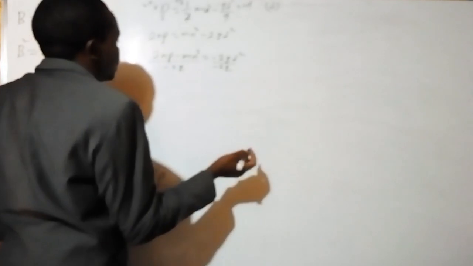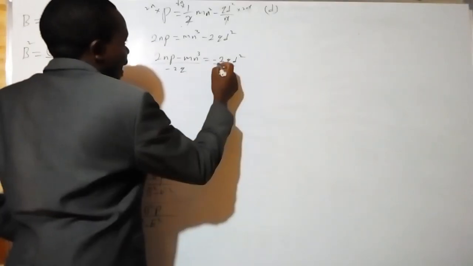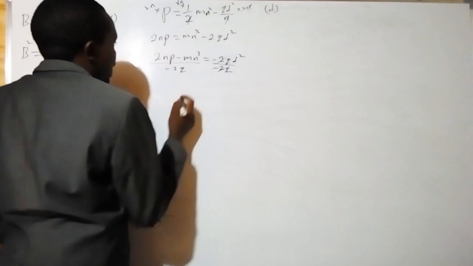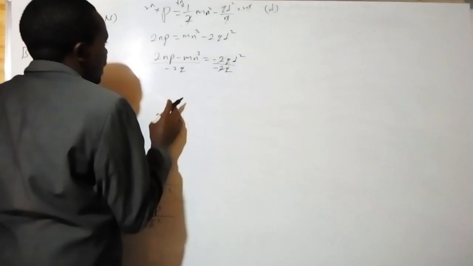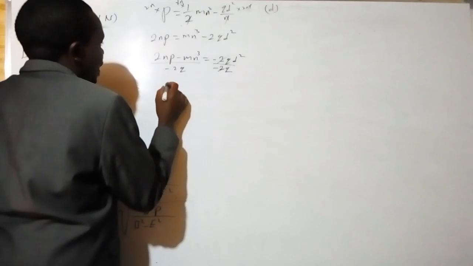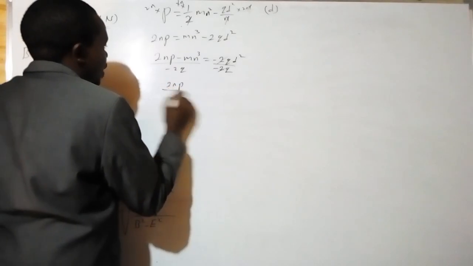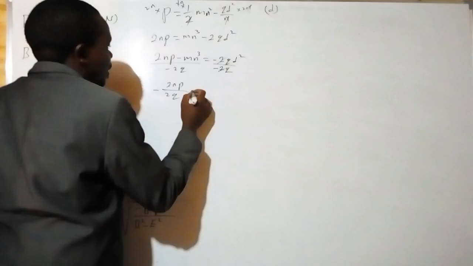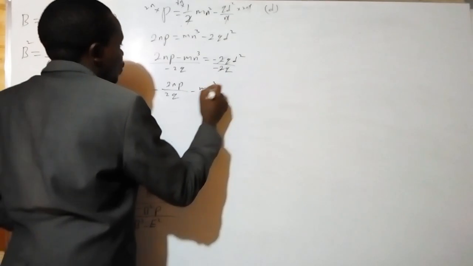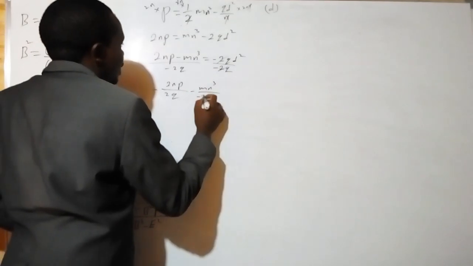Negative 2q will cancel out and we'll be left with 2np divided by negative 2q minus mn cubed divided by negative 2q is equals to d squared.